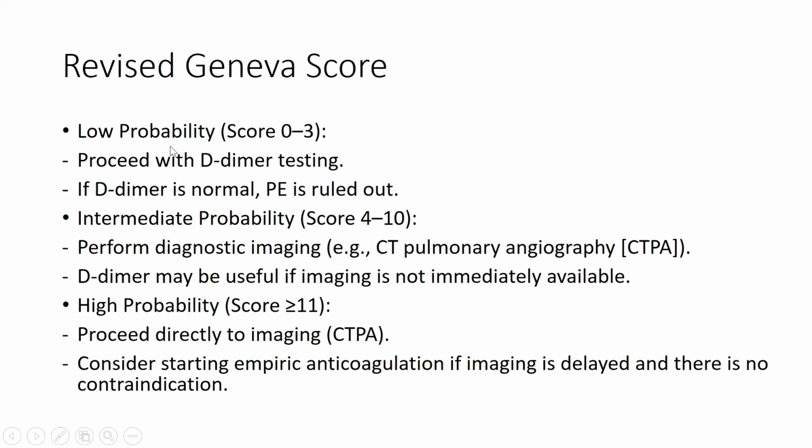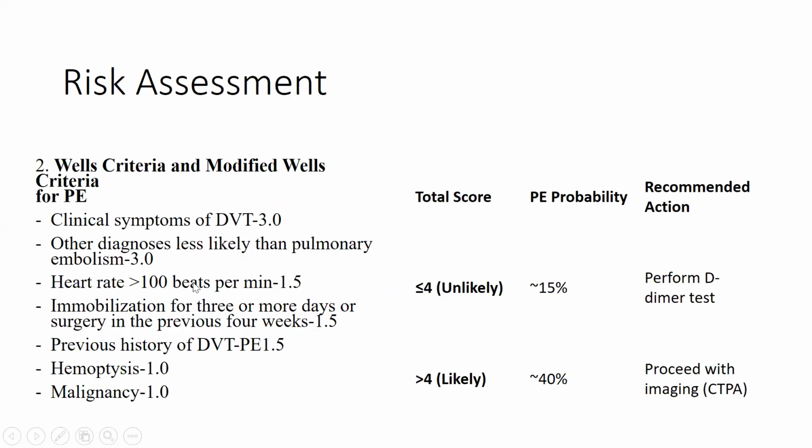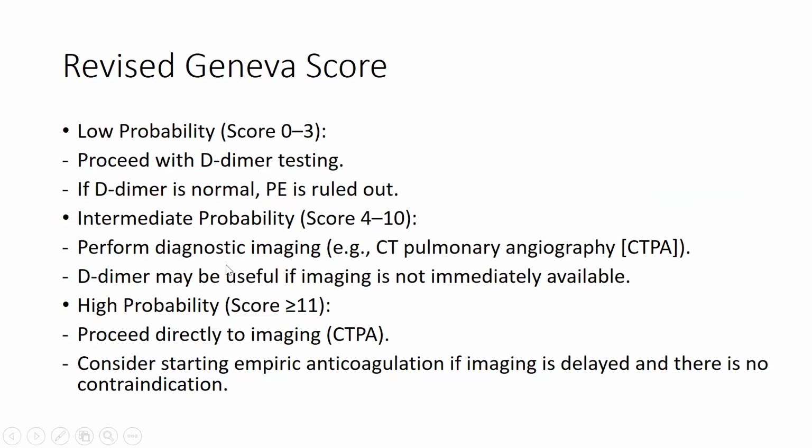If the patient has a low Geneva score, 0 to 3, with low probability, you want to do your D-dimer testing. And if the D-dimer is normal, you can rule out PE and go to sleep. For patients with an intermediate probability score of between 4 to 10, you want to perform your diagnostic imaging, your CTPA.